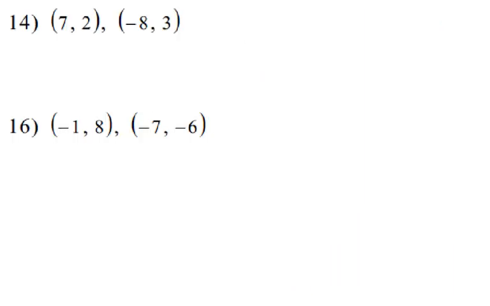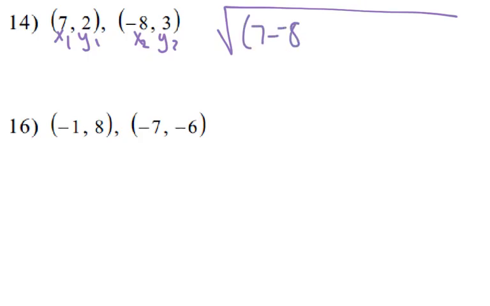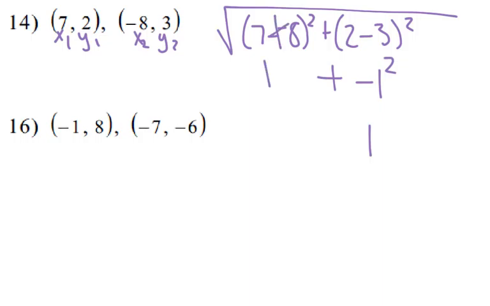Now, when I give you points, a lot of times people think the distance formula is a lot easier because you can just go x1, y1, x2, y2. So I just go square root of 7 minus negative 8 squared plus 2 minus 3 squared. 2 minus 3 is negative 1 squared, which is just 1. 7 plus 8 is 15. 15 squared, I believe, is 225.